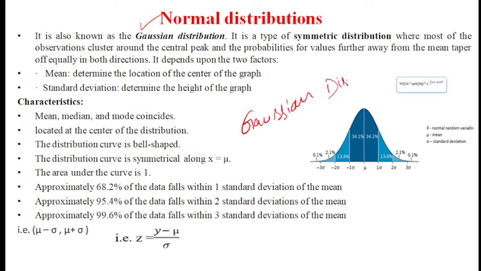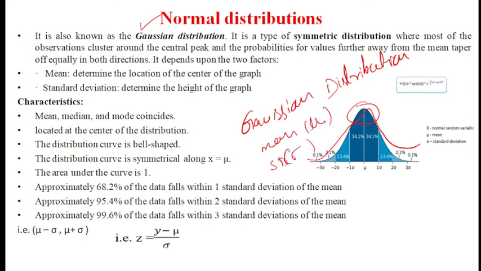It is a type of symmetric distribution, symmetric in the sense like this, where most of the observations cluster around the central peak, and the probabilities for values further away from the mean taper off equally in both directions. This normal distribution depends on two factors. What are they? Mean and standard deviation.